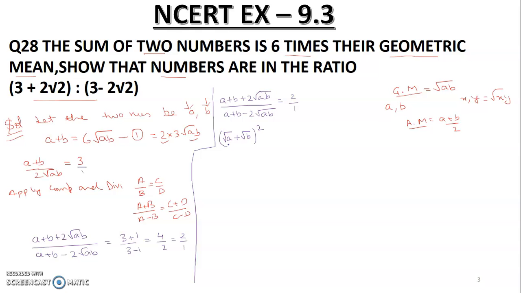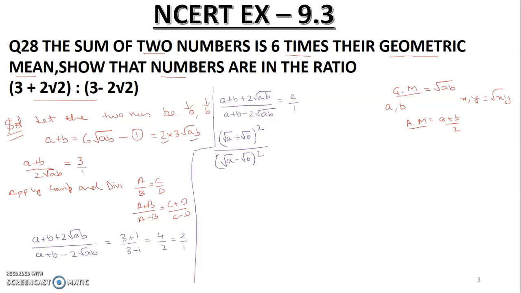Yes, check: root a whole square will be a, root b whole square will be b, plus twice root a into root b. Same thing I can do in the denominator: root a minus root b whole square, where root a whole square gives a, root b whole square is b, minus twice root ab.